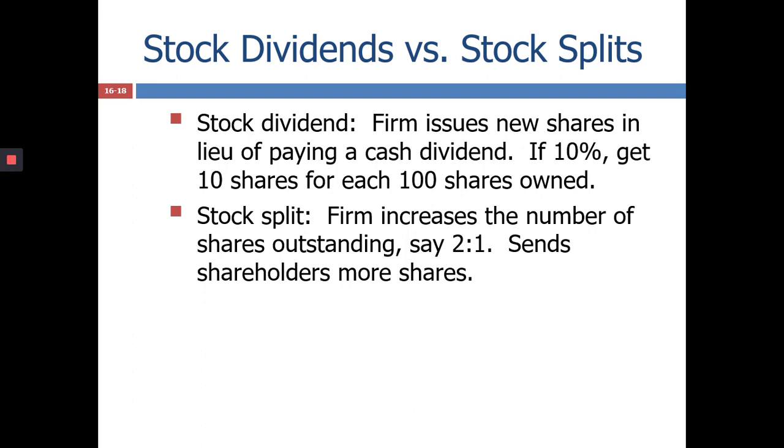Okay, and stock split on the other hand is 2 for 1, which means 1 share will be split into 2. If you have 100 shares, now you have 200 shares.